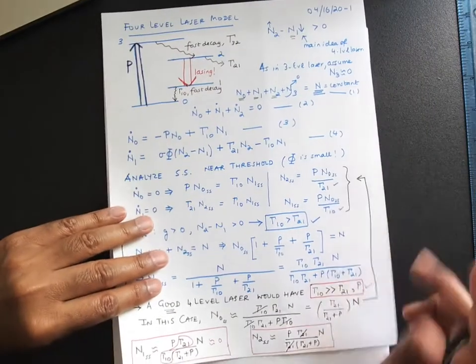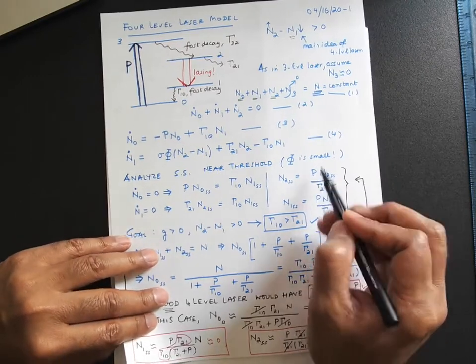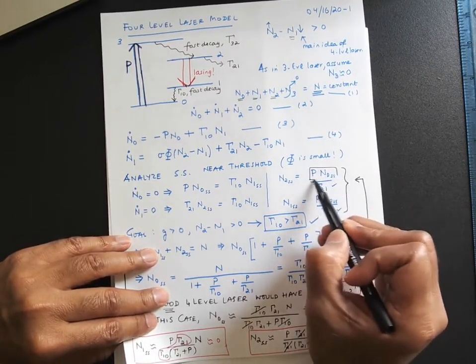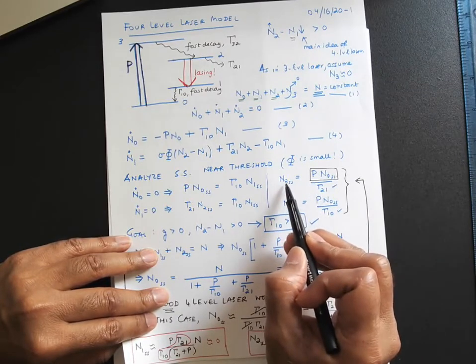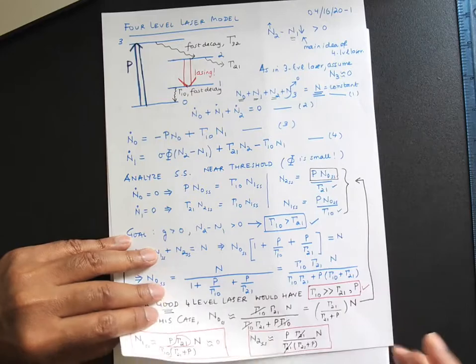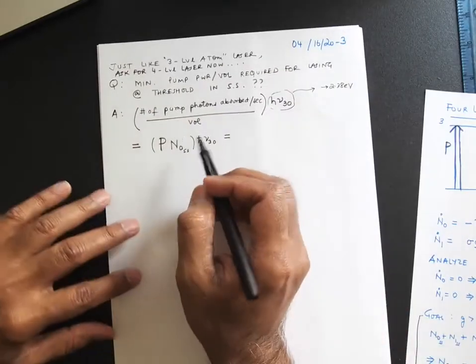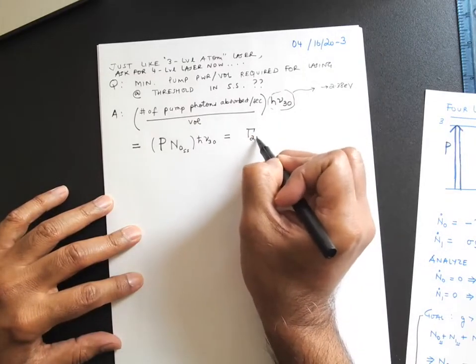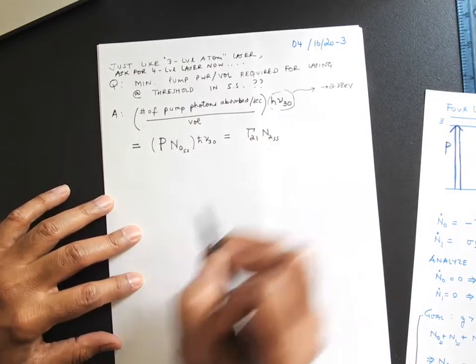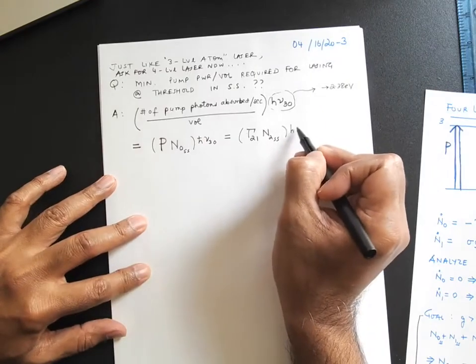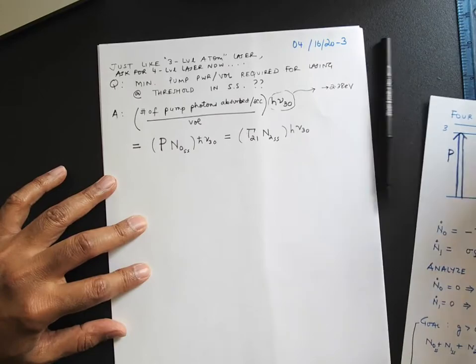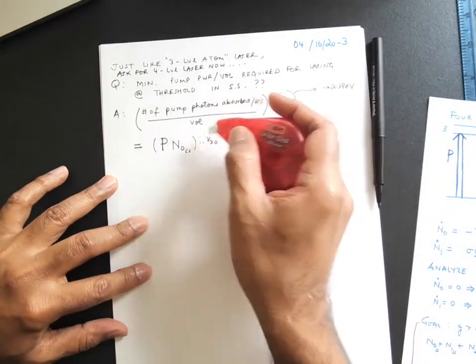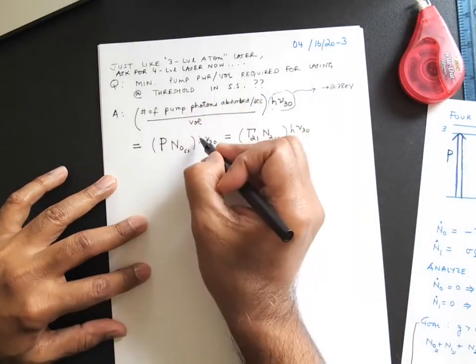So you notice that P times N naught there is equal to the N2 steady-state population times gamma 2,1. Okay, so this is gamma 2,1 and N2 steady state. This is not H bar, I'm sorry, this is just H. It's with a nu, not with an omega.